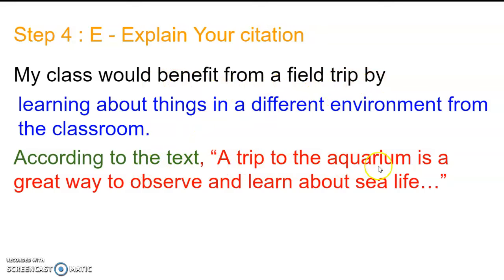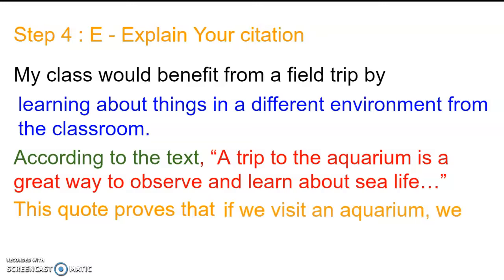Well, according to the text, a trip to the aquarium is a great way to observe and learn about sea life. So I'm just going to use one of my sentence starters again. This quote proves that, or this shows me that, or this tells me that. You can use any of those starters for this next part. And this quote proves that if we visit an aquarium, we can see marine life in person, right?